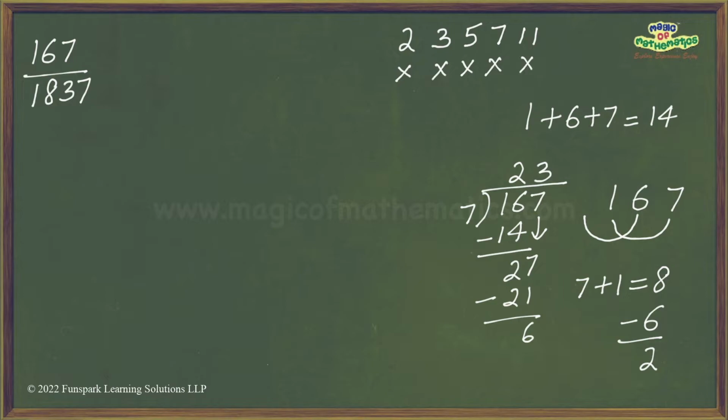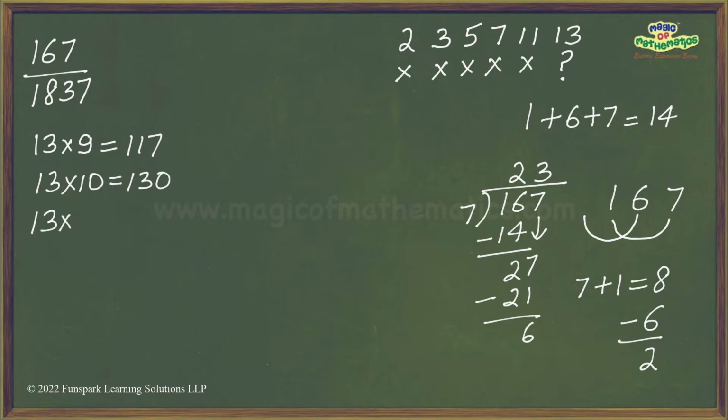Next number to consider is 13. But should we even consider it in the first place? For answering this question, I'll write down a few entries from the multiplication table of 13. I'll start with 13 times 9, which equals 117. 13 times 10 equals 130. 13 times 11 equals 143. 13 times 12 equals 156.